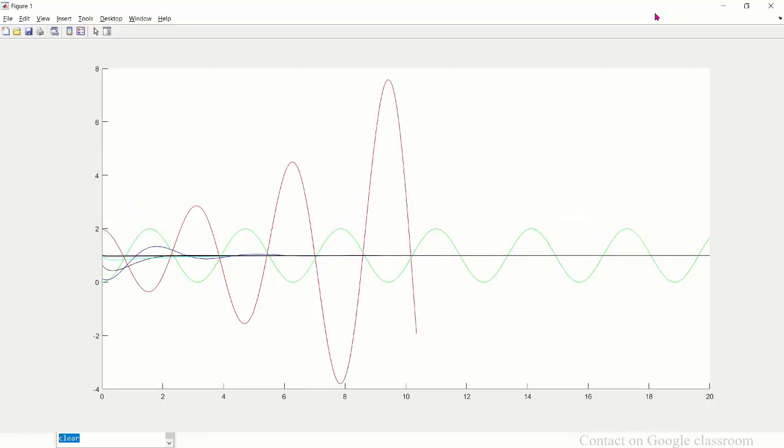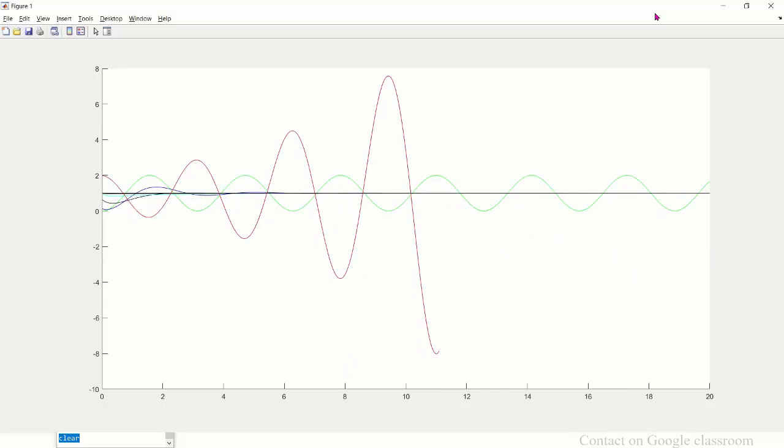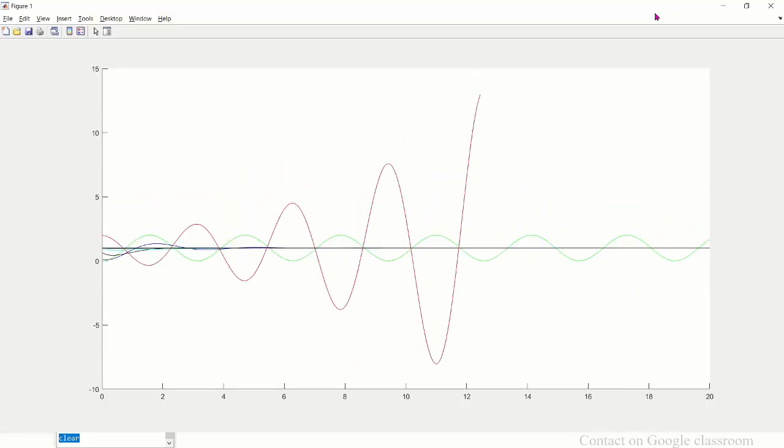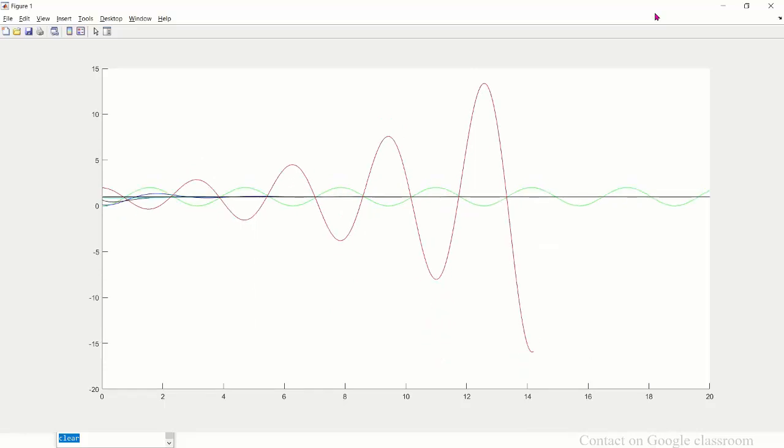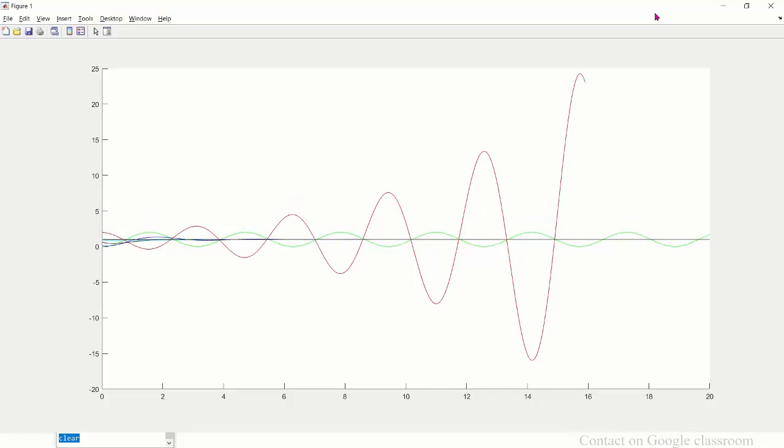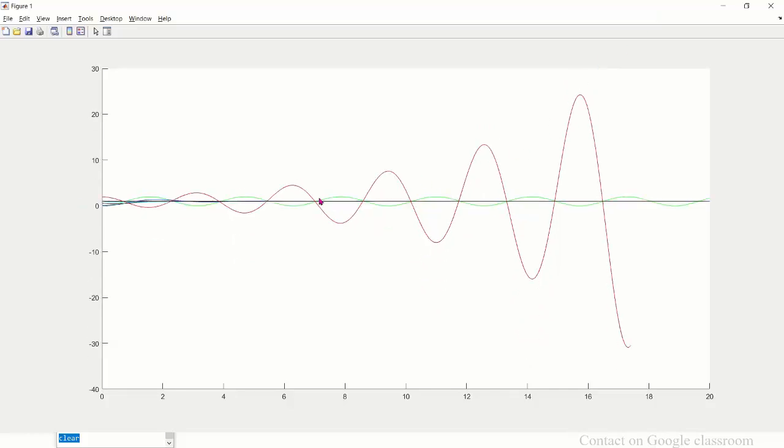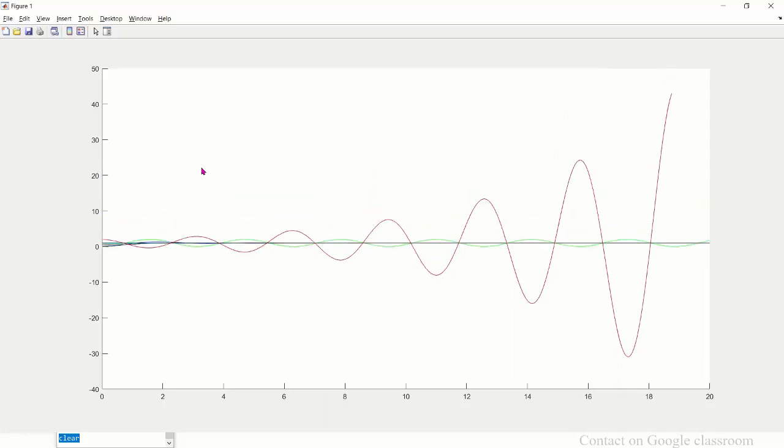Moreover, you see that this has both types of responses, sinusoid as well as exponential. The sinusoid is clear, but if you look at the edges of this waveform, you'll see that it is exponentially rising. So this type of waveform is unstable and is obtained by taking zeta negative, close to minus 0.1.